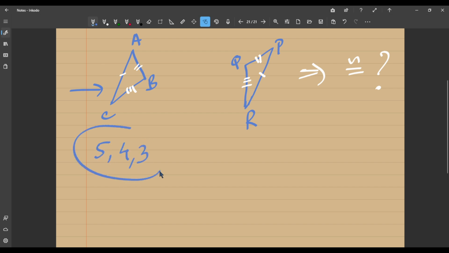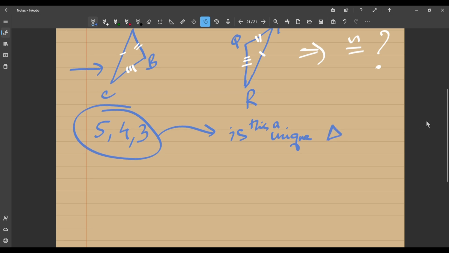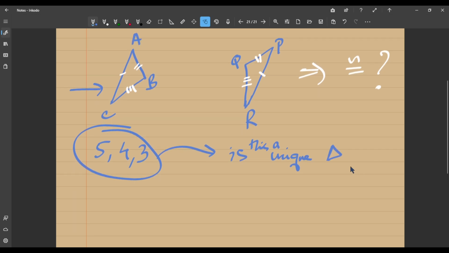So the question I'm interested in asking is, is this unique? Will this form a unique triangle? So this is the question I'm willing to ask.